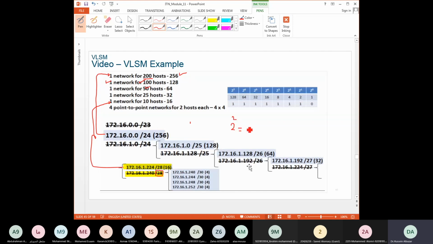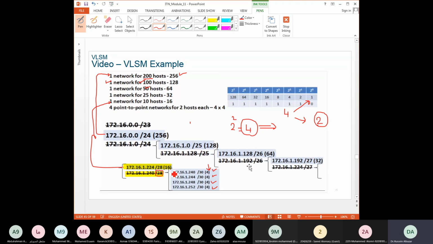So we'll have 4 subnets, and each subnet has 4 host addresses. 2 of them are for the network and the broadcast, and the other 2 host addresses are the usable ones. So each one has 4 total hosts, not usable hosts.